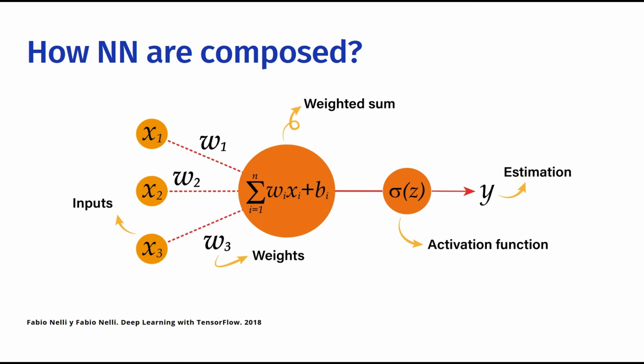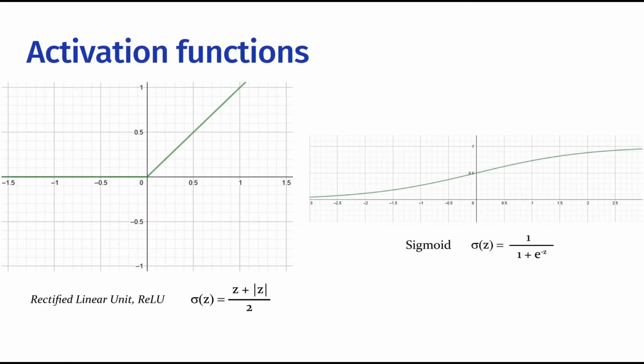Here, we aren't going to go into many mathematical details of artificial neural networks, but it is relevant to notice that the function sigma, the activation function, is a nonlinear transformation that turns on or off the neuron according to the result of the function. The most popular is the ReLU function, but we can also find other relevant functions such as the sigmoid.